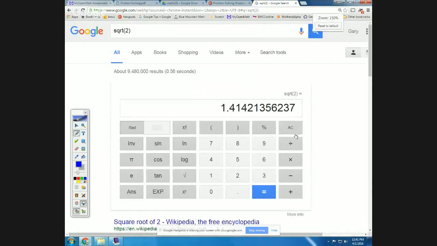Let's blow that up. If I divide that by 2, I'm going to get what Anthony said was the square root of 1/2, 0.707-ish. Double check that. What is the square root of 0.5? 0.707-ish. It's the same number, just two different ways to get it.